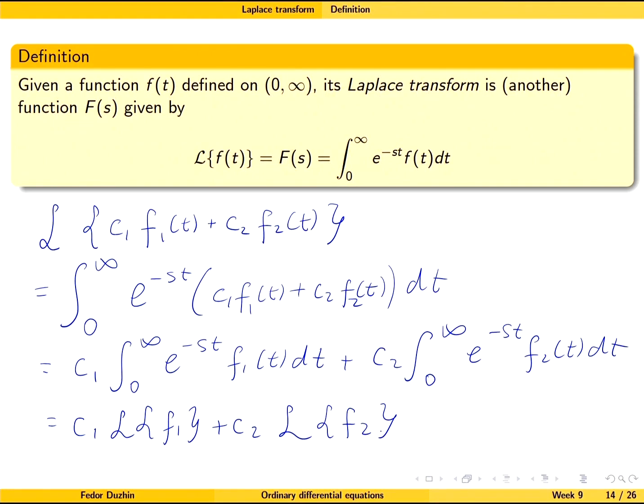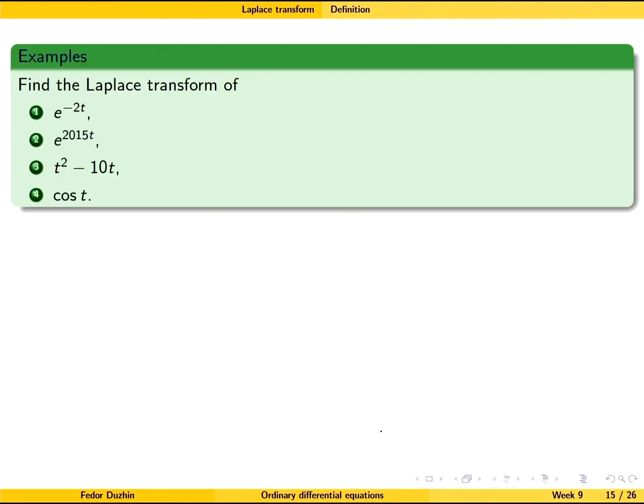However, accurately defining these functional spaces is a bit tricky, so I'm not going to get into details here, but the main message is that the Laplace transform is a linear transformation from an infinite dimensional vector space to an infinite dimensional vector space. Please take this message, and now let us go through a few specific examples of Laplace transforms.